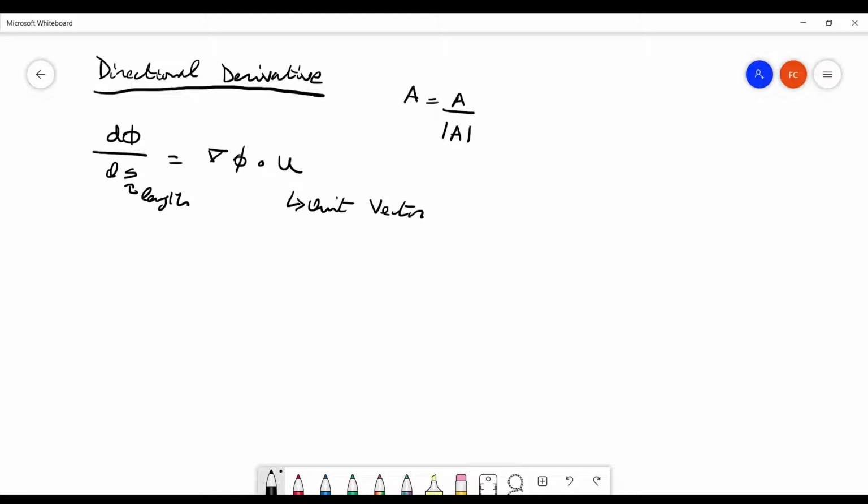You can also have a directional derivative that's based on an angle theta. So instead, you can have something that looks like this, which is the modulus of the gradient of phi times cosine theta.